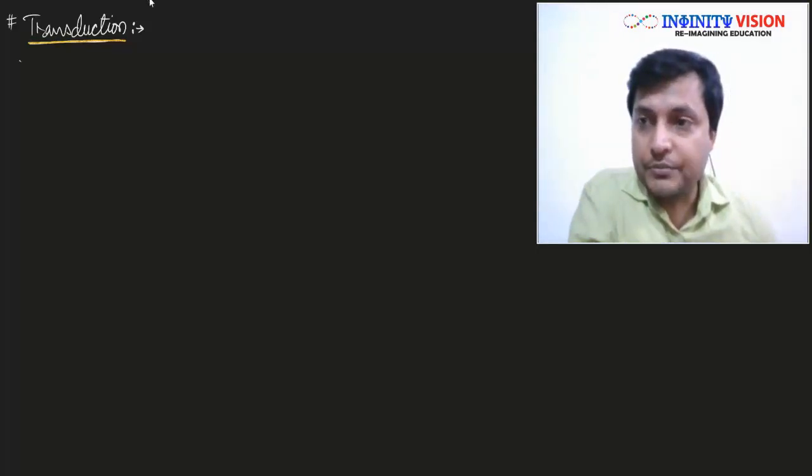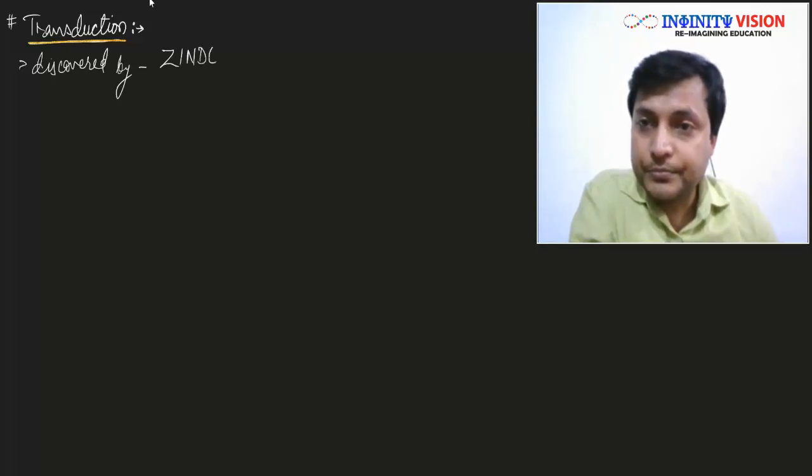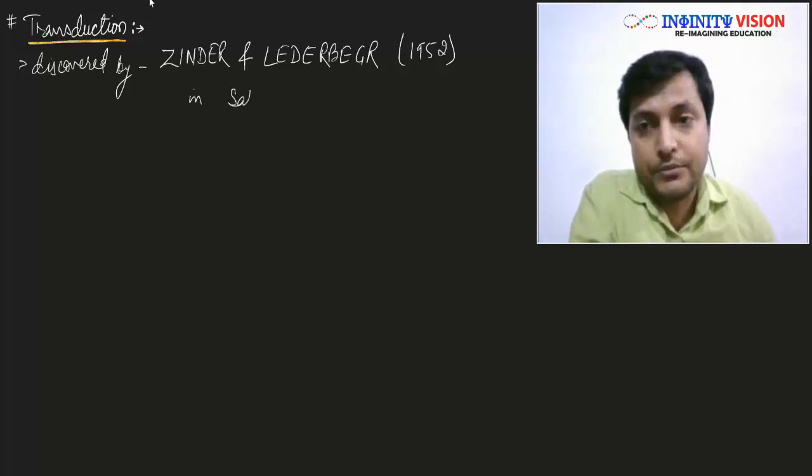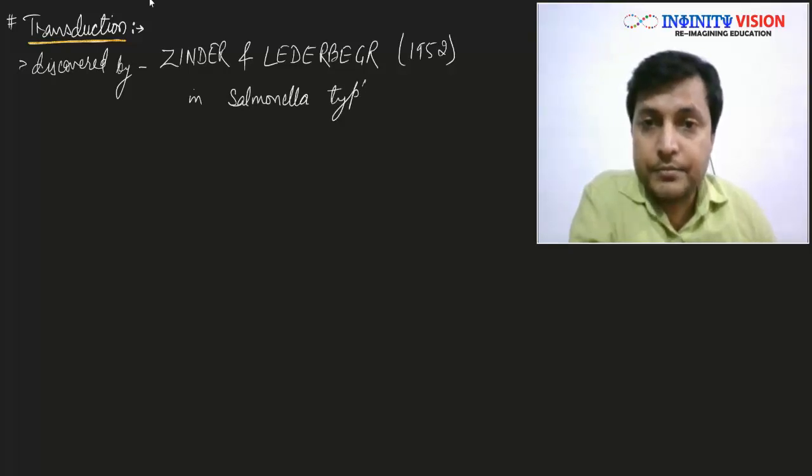When it comes to discovery, we see that transduction was discovered by two scientists, Zinder and Lederberg, in 1952 in Salmonella typhimurium.